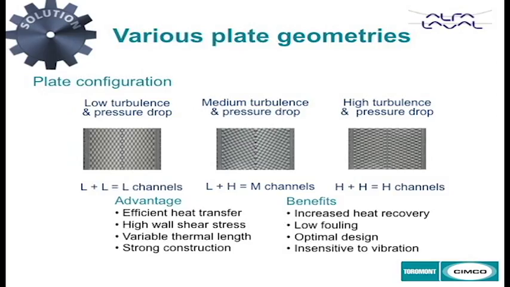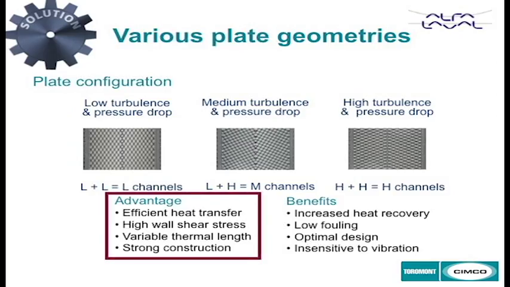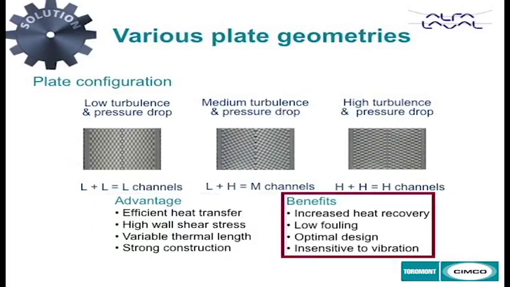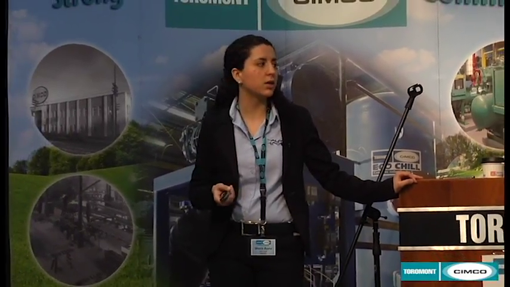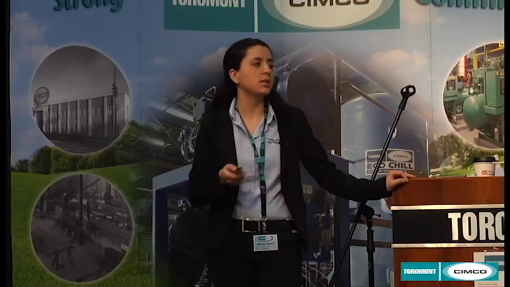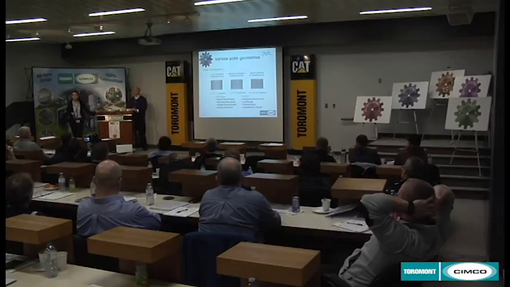The advantages will be efficient heat transfer, high wall shear stress, variable thermal length, and strong construction. The benefits as well are increased heat recovery, and low fouling, because with the turbulence we are creating velocity as well. So we have low fouling in the plates. Optimal design, especially designed for your application, and insensitive to vibration.